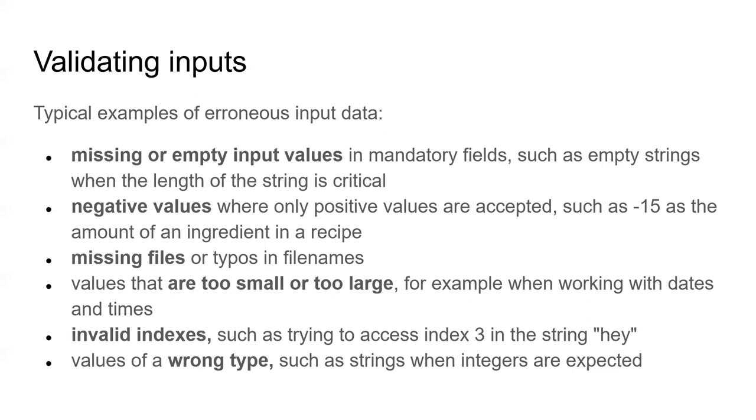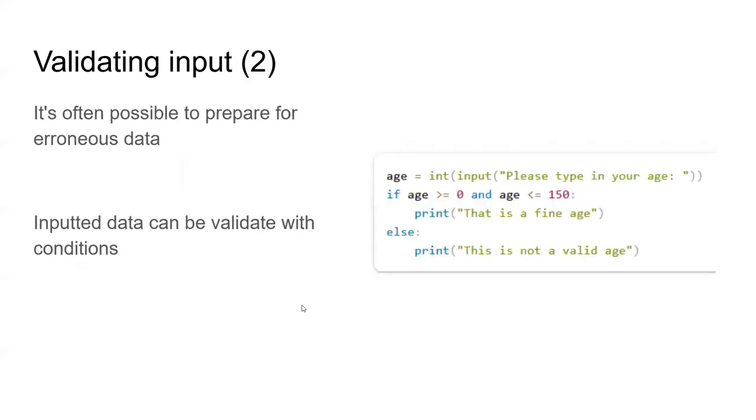Values that are too small or too large might be difficult. Invalid indices, such as trying to access index 3 in the string "hey", is a good example. This is something you probably encountered when dealing with strings or lists; it's common to have a too large or too small index. And then wrong type values, such as strings when integers are expected.